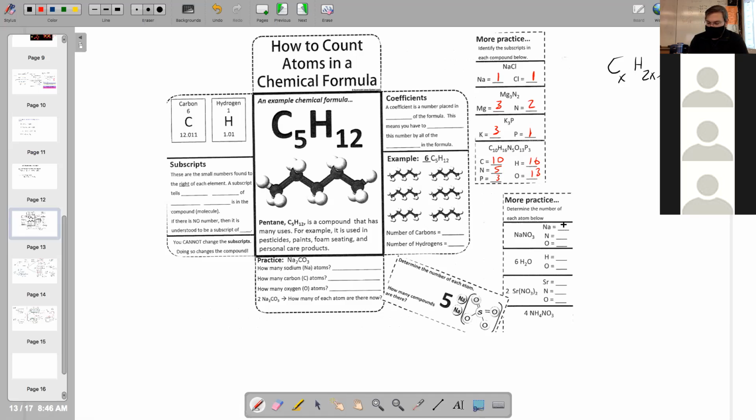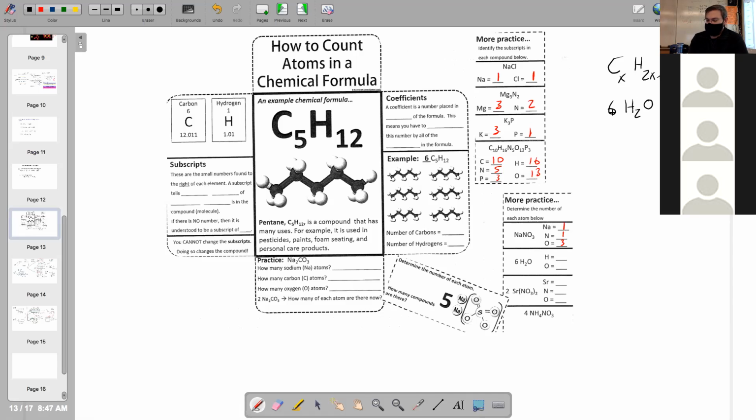From simple to more complex, NaNO3, that's sodium nitrate: there's only 1 sodium, 1 nitrogen, and 3 oxygens. But now when you have 6 H2O, one way to understand this is that a 6 in front of the H2O means there's 6 water molecules. Each water molecule has 2 hydrogens.